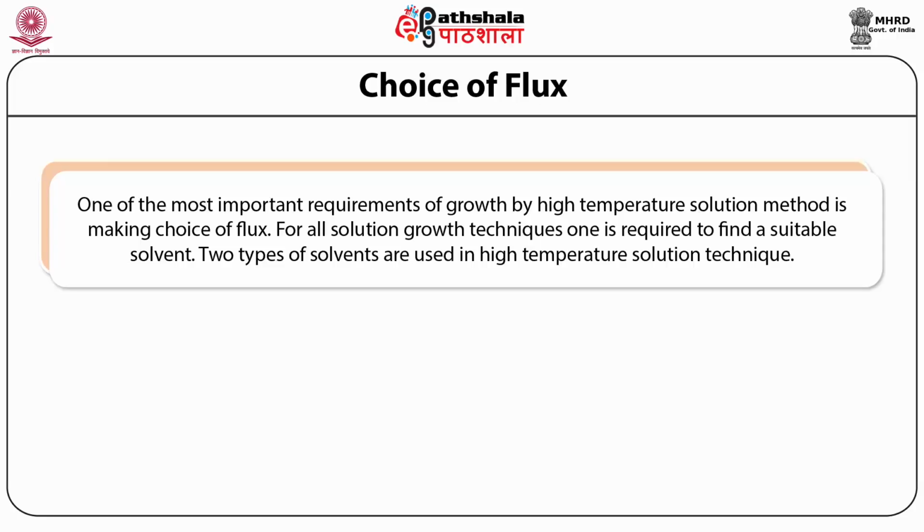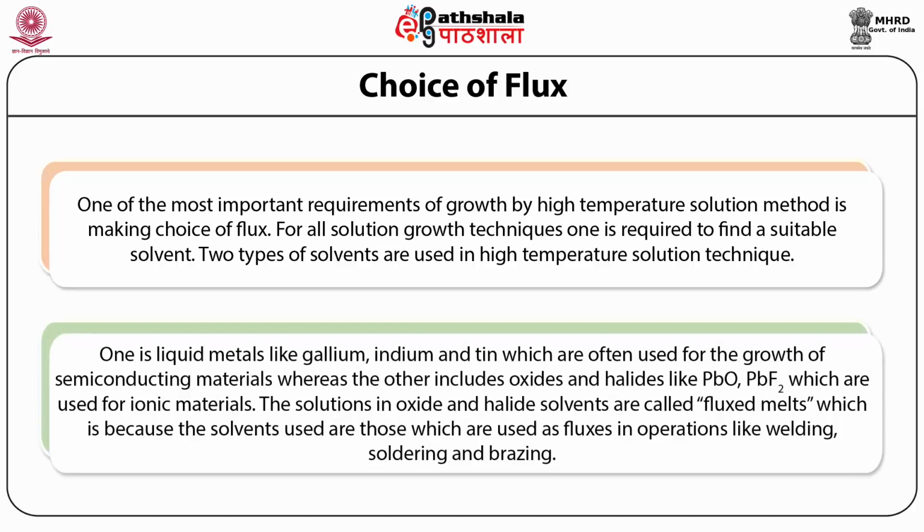Two types of solvents are used in the high temperature solution technique. One is liquid metals like gallium, indium, and tin, which are often used for the growth of semiconducting materials, whereas the other includes oxides and halides like PbO, PbF2, which are used for ionic materials.